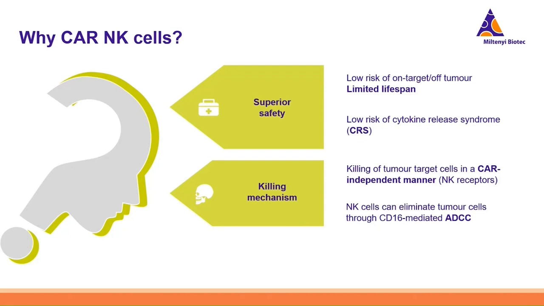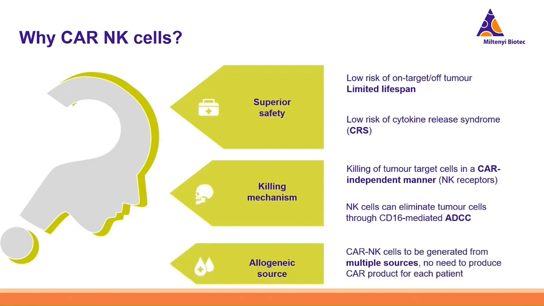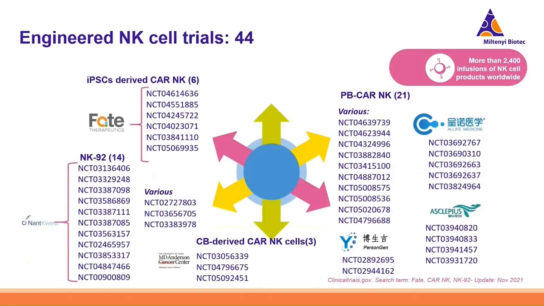So they have a lot of potential to kill their target cells. Because of that, they are a very good allogeneic source. They can be generated from multiple sources, and there is no need to produce a CAR product from each patient for themselves, so in an autologous manner.